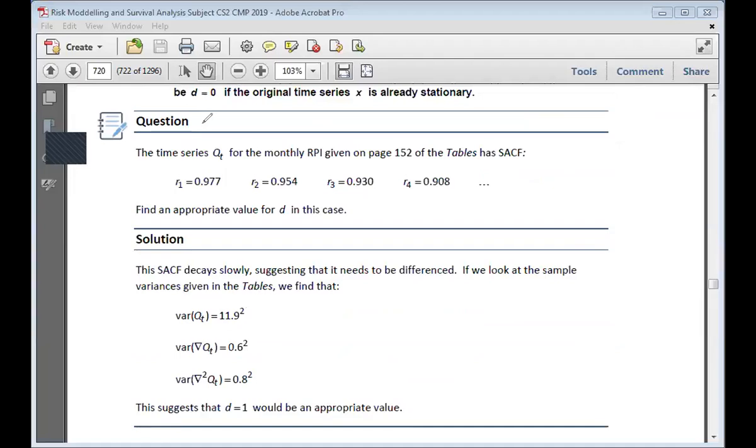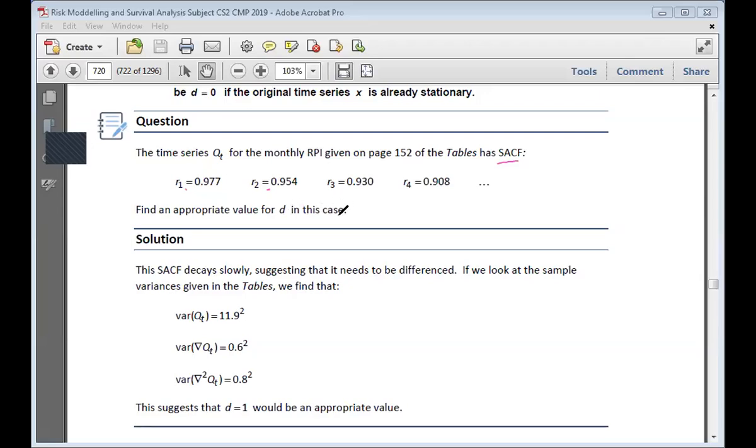So we have the time series according to them, which is monthly. So RPI here is the retail price index. You don't have to worry about if you don't know that economics. That's okay, but I am probably sure that all of you already know this. So it's good. And if you go to page number 152 of the tables, you will have this SACF. And R1, R2, R3, and R4 are given. So they're asking you to find an appropriate value for D in this case.